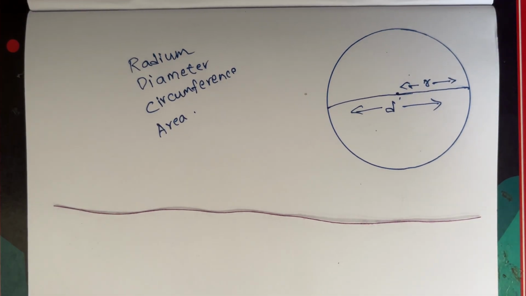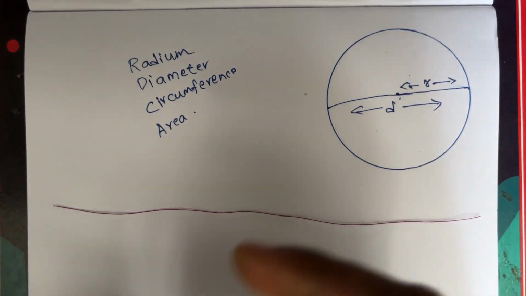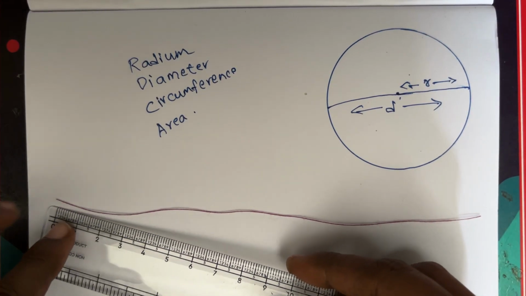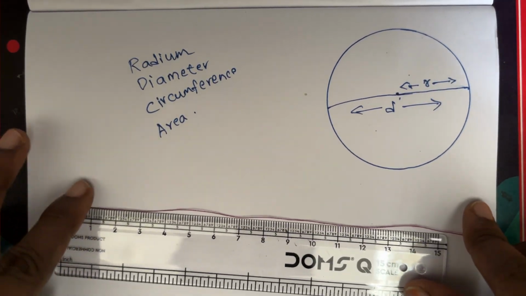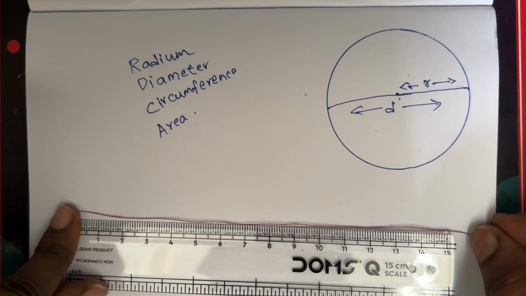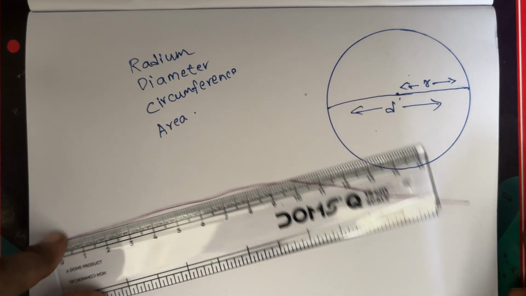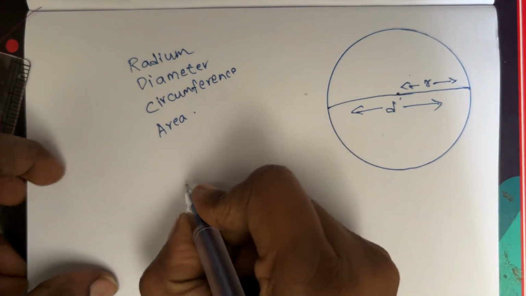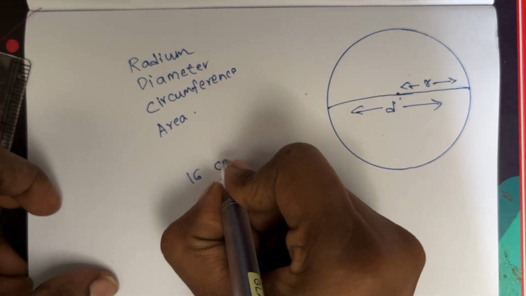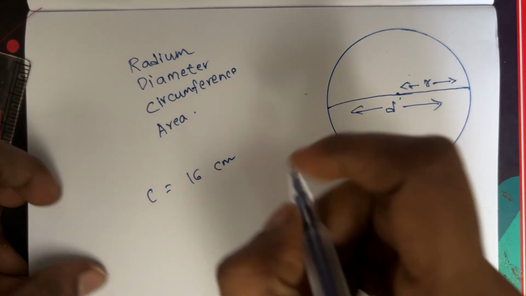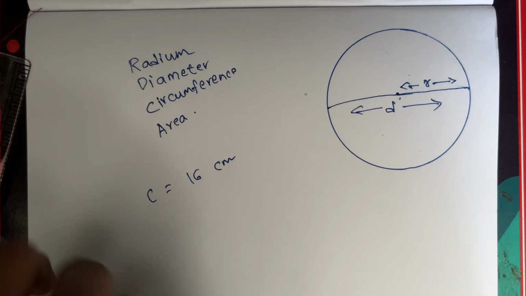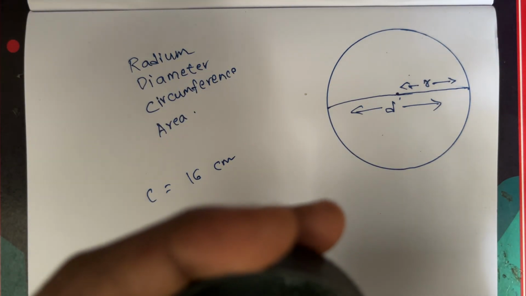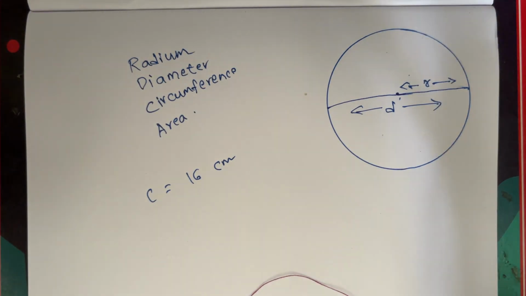I may not be able to capture the exact distance, but definitely the approximate. I feel it is around 16 centimeters approximately, but you can try better measurements. 16 centimeters is my circumference, and maybe the diameter would be around 5.5 centimeters.